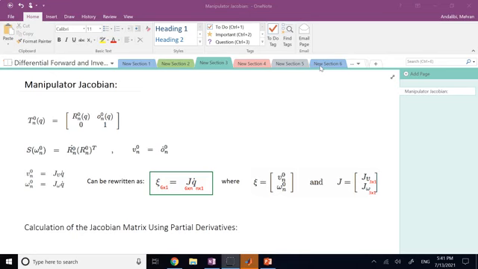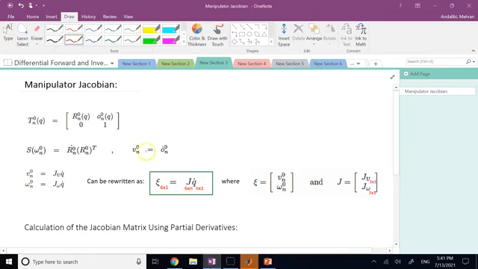As you can see here also, the linear velocity of the end effector, Vn with respect to the base, is the time derivative of the position vector, O dot or D dot. And the angular velocity of the end effector with respect to base is defined through R dot R transpose. The skew symmetric matrix of that is defined as R dot R transpose.